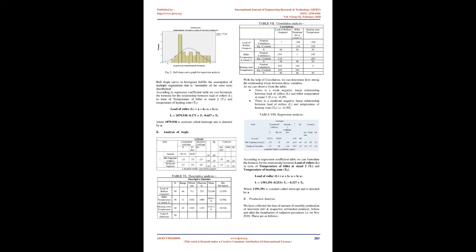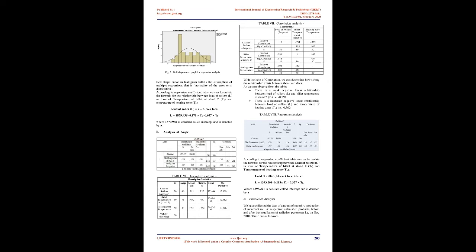With the help of correlation, we can determine how strong the relationship is between these variables. As we can observe from the table, there is a weak negative linear relationship between load of rollers, L, and billet temperature at stand 2, Ts, i.e. -0.261. There is a moderate negative linear relationship between load of rollers, L, and temperature of heating zone, Th, i.e. -0.442.